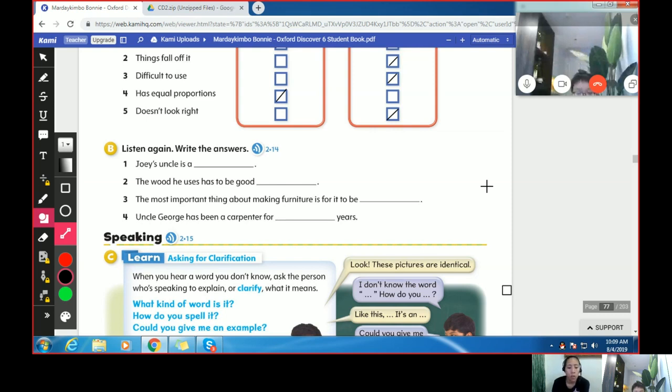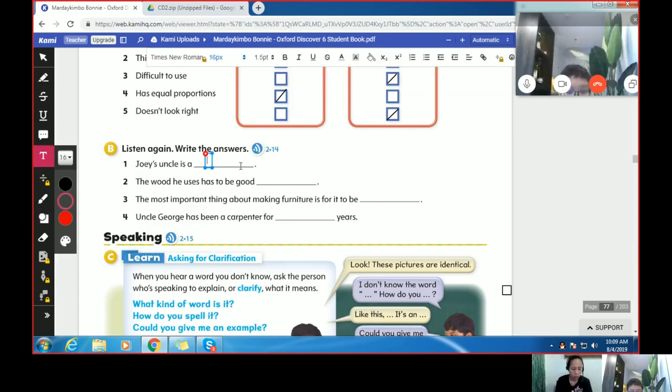Okay, let's start. Number 1: Joe's uncle is a carpenter. Let's type that. Number 2: the wood he used had to be good quality.